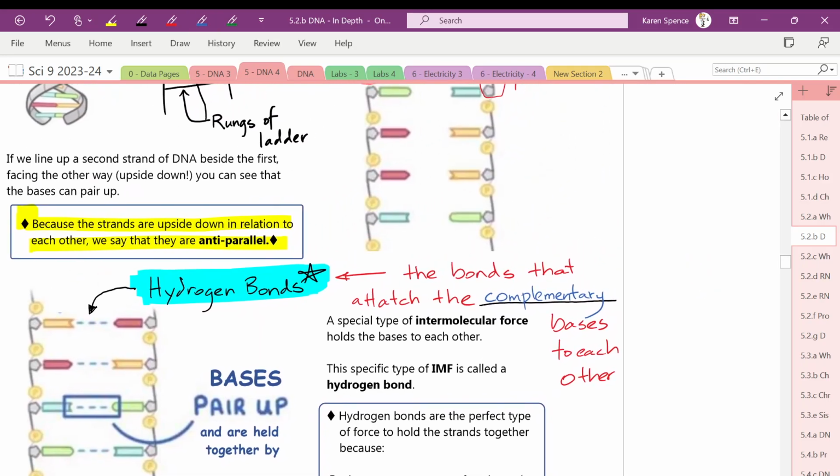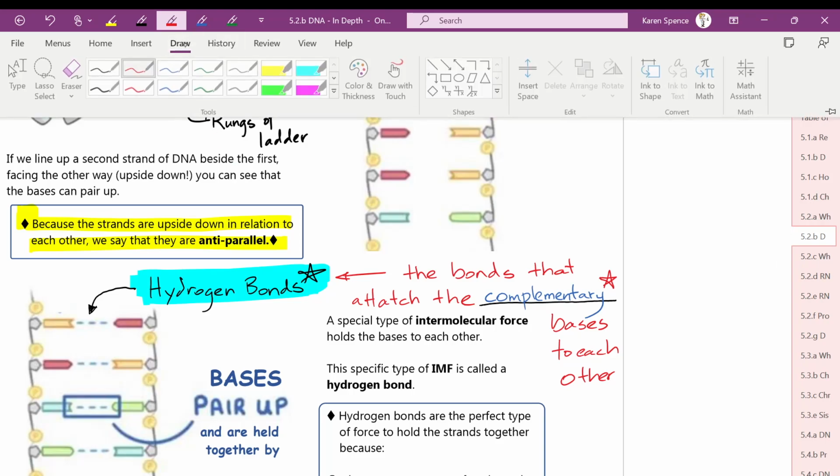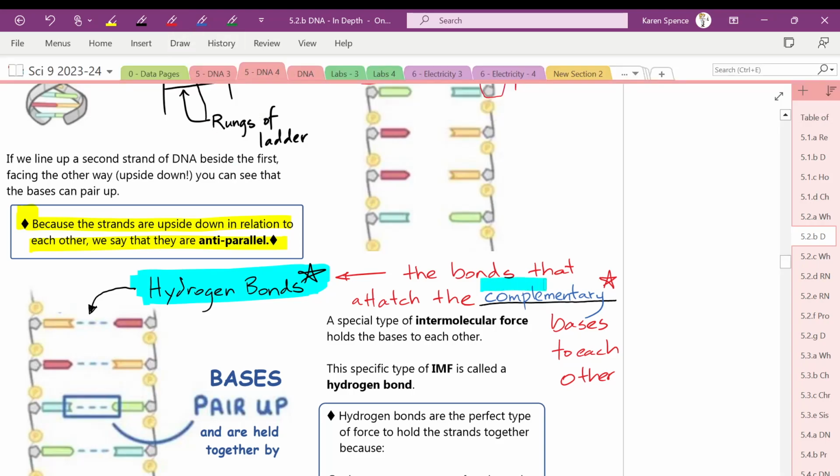Bases to each other. Now, do you think complementary is a vocab word? Yes, it is. Complementary. See if you can describe to your partner what it means to be complementary.